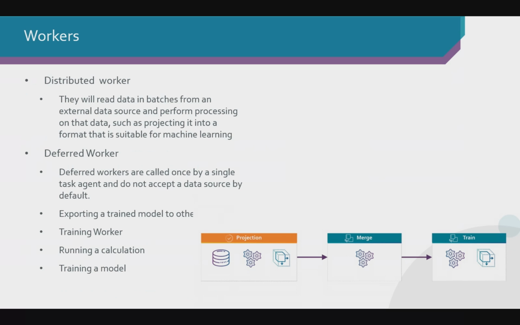For example, exporting a trained model, running a calculation, or training a model. All those tasks could be performed by deferred workers, and some examples are a merge worker or a train worker. So these are the new terminology, the new components that are introduced by Sitecore Cortex.